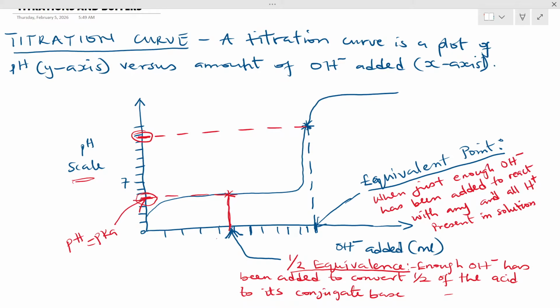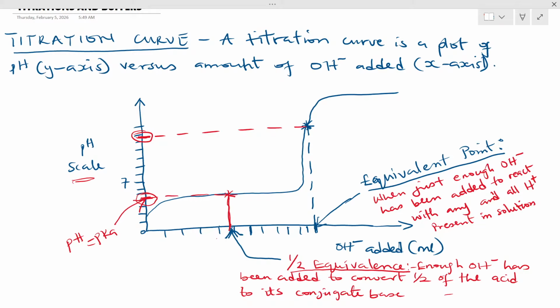And what you have is this diagram. And in this diagram you have what is the equivalence point. The equivalence point is just when enough OH has been added to react with any and all of the H plus present.